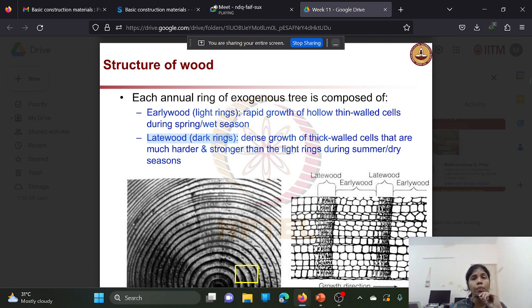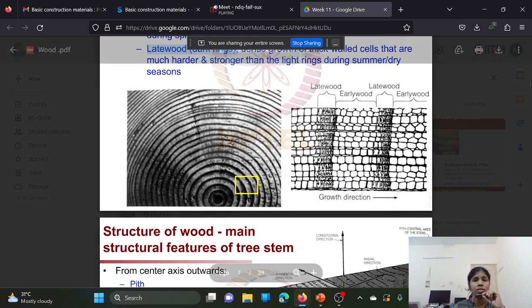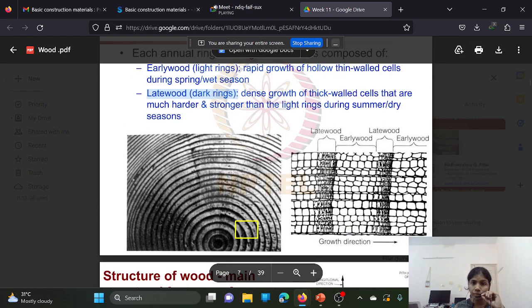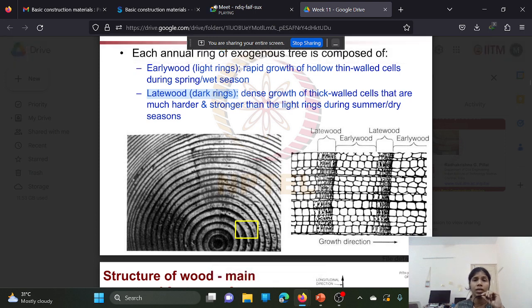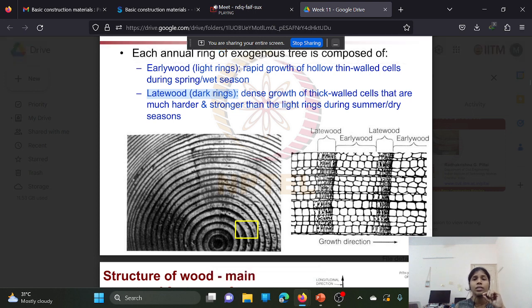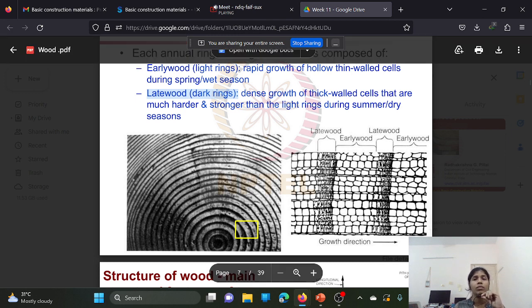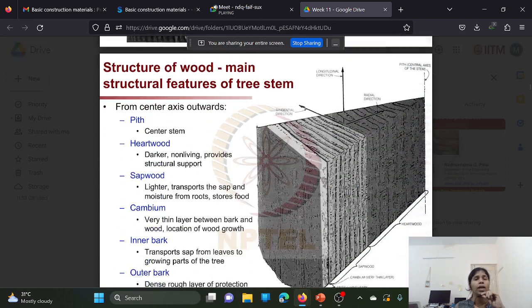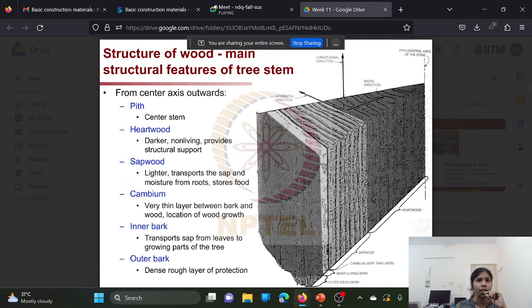So dense growth of thin-walled cells that are much harder and stronger than the light rings, during summer or dry seasons. You can see in the image here. If it is late wood, the rings are dark and those are dense. But in case of early wood, the rings are lighter and those are not dense. So based on the pattern of the annular rings, you can determine the age of the tree.